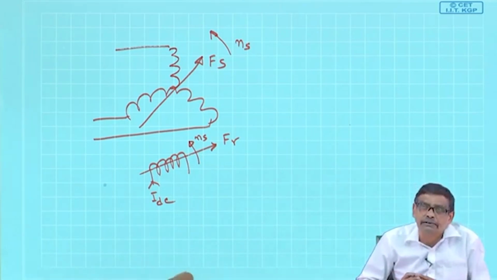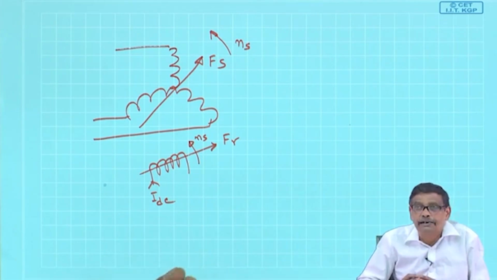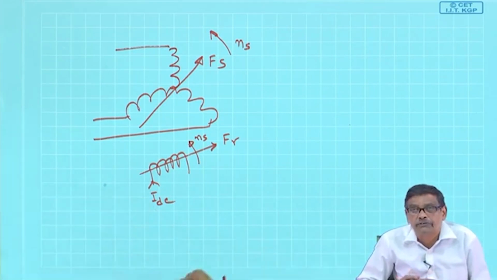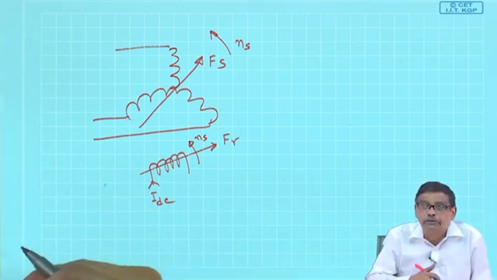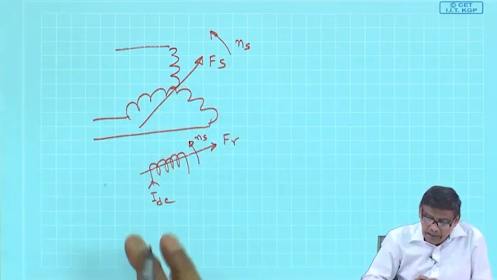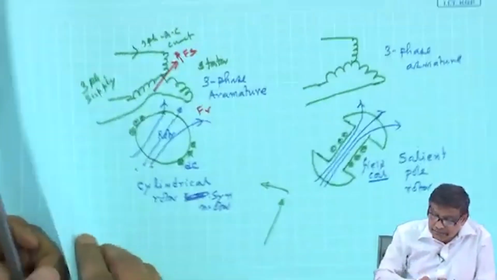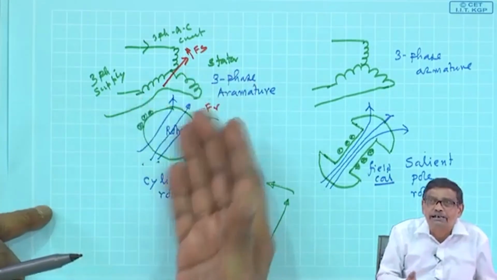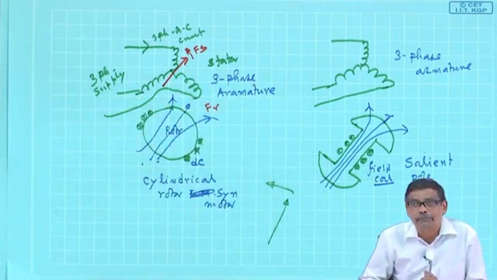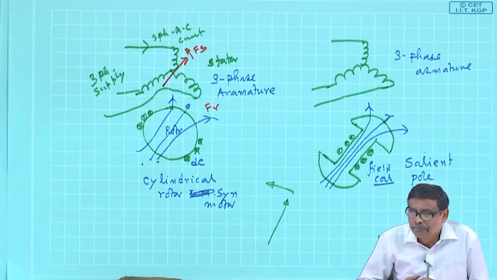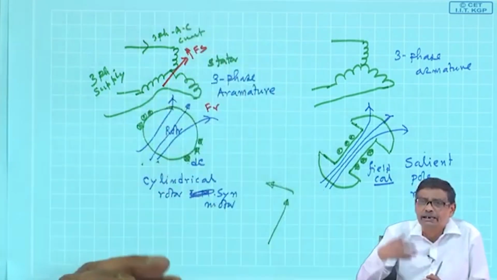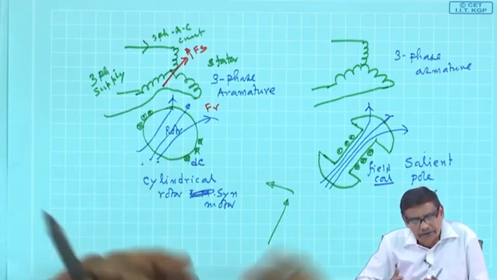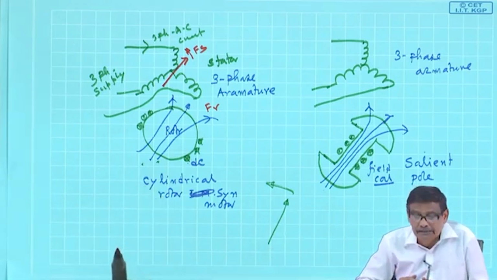A motor can develop steady torque provided the speed of the stator field and the speed of the rotor field are the same with respect to a stationary observer. But a rotor field which is excited by DC cannot on its own produce a rotating magnetic field. For production of a rotating magnetic field, either you have a balanced 2-phase winding, a balanced polyphase winding, excite it with a balanced polyphase current, and a rotating field will result.